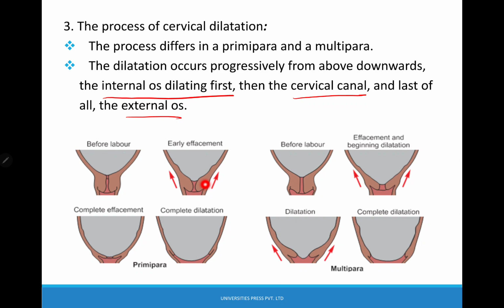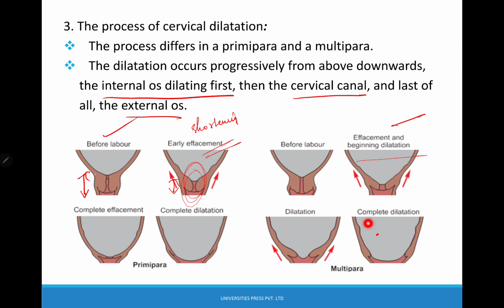So this is how the cervix looks before labor. See, there is widening and shortening. Now look, the cervix has been shortened. The shortening of the cervix is nothing but effacement, early effacement. This is before labor, effacement, and beginning of dilatation.